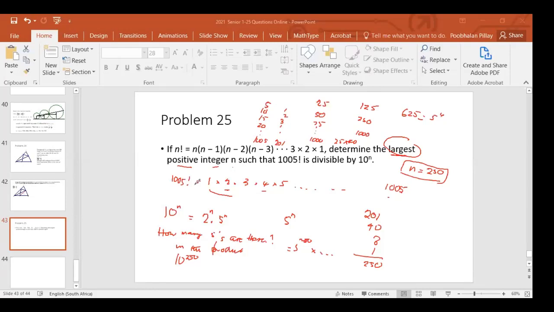Like for instance, in this last problem number 25, we had 1005 factorial. You can understand what the question is, but how do you go about doing it? There you have to think out a method and answer the question precisely.